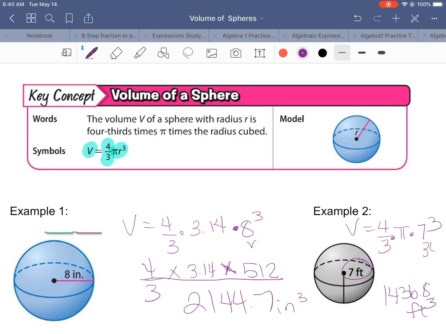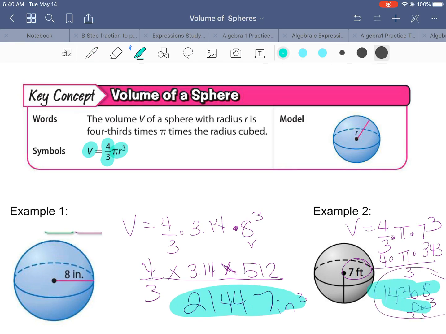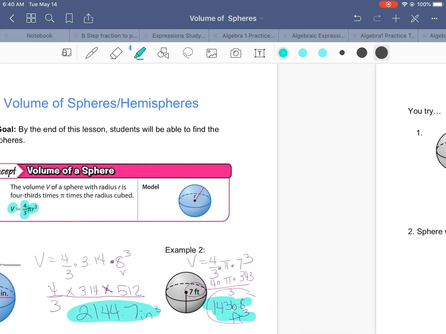So that was 343 times pi times 4, all divided by 3. Those are your answers. Let's highlight those just so you have them. And let's go on to the next page.